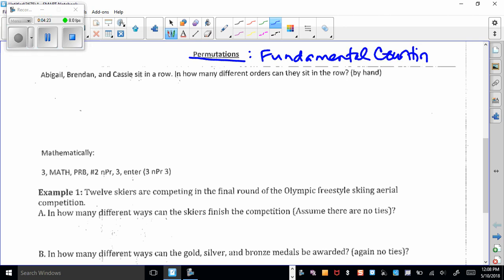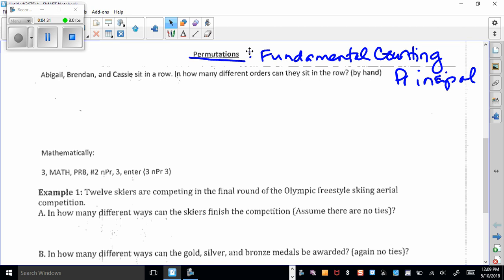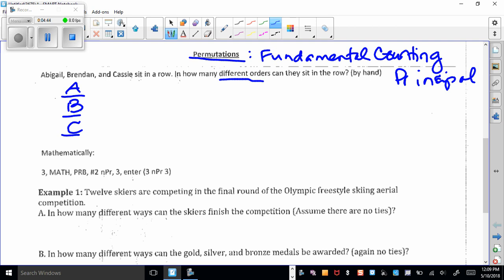All right, so now we have 3 people, and they're in a row, and we're going to do the same idea. We have Abigail, Brendan, and Cassie, and we're looking to see how many different orders they can sit.